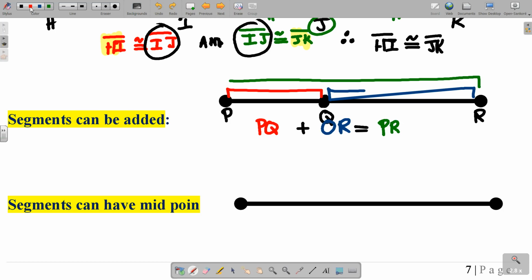So basically, little segments add up to big segments. In this case, the red plus the blue adds up to the green. Little segments can add up to big segments. So segments can be added. Little ones add up to bigger ones.